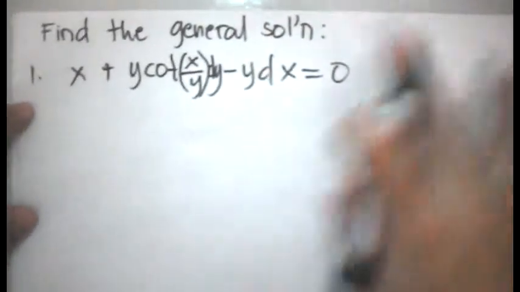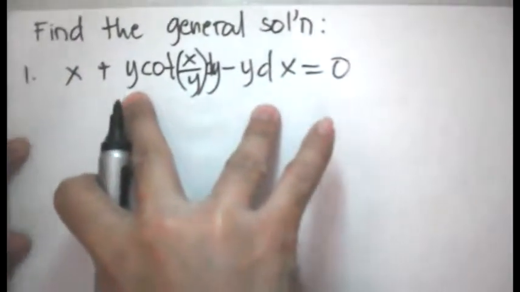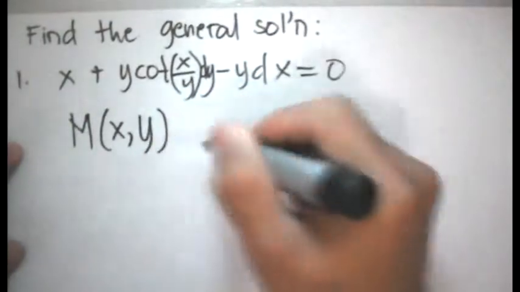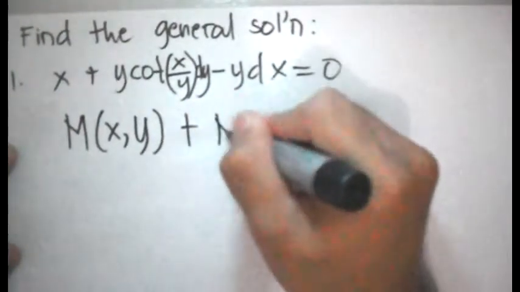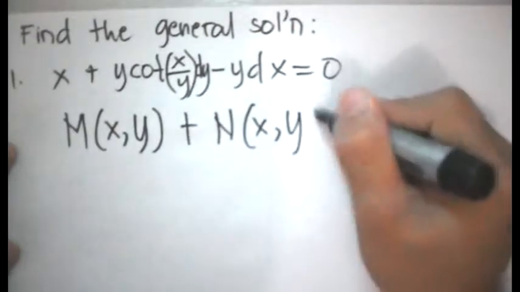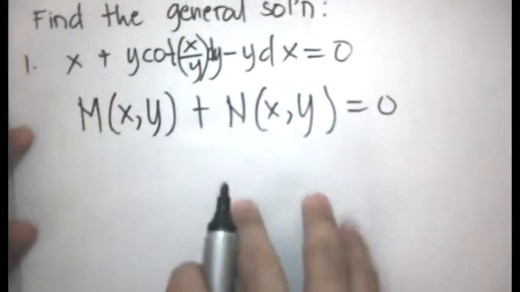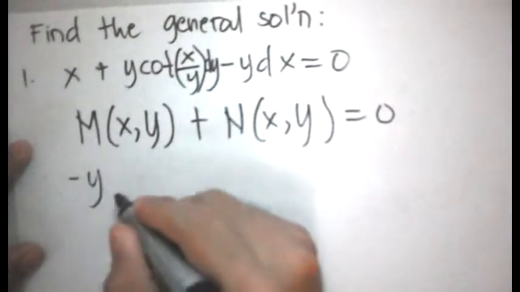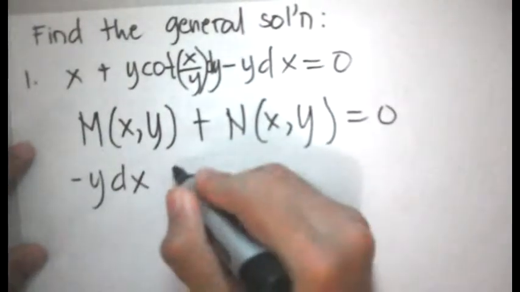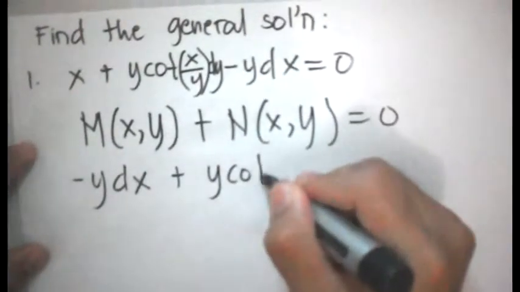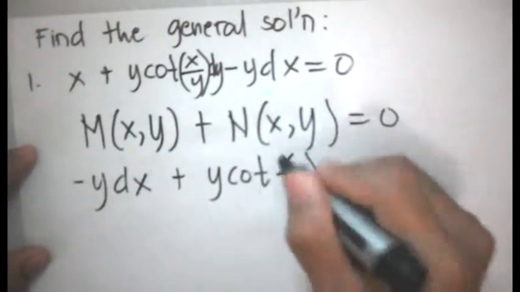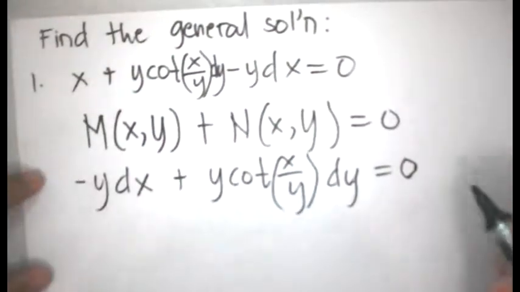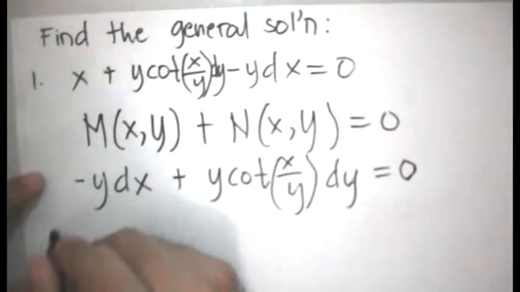First we have to change this equation into the form M(x,y) dx + N(x,y) dy = 0. Transforming this equation, we have negative y dx plus y cot(x/y) dy equals 0.